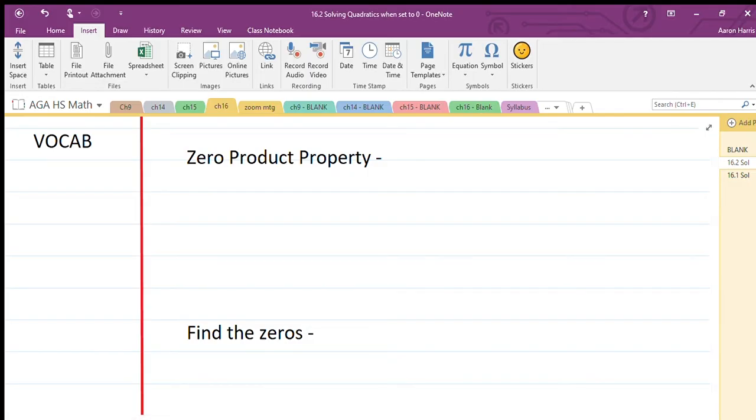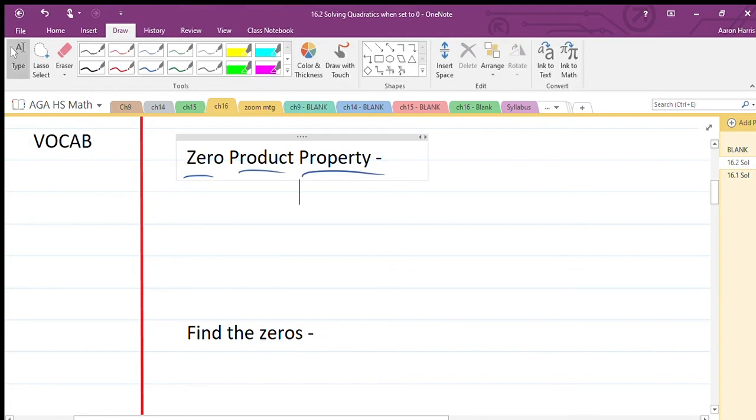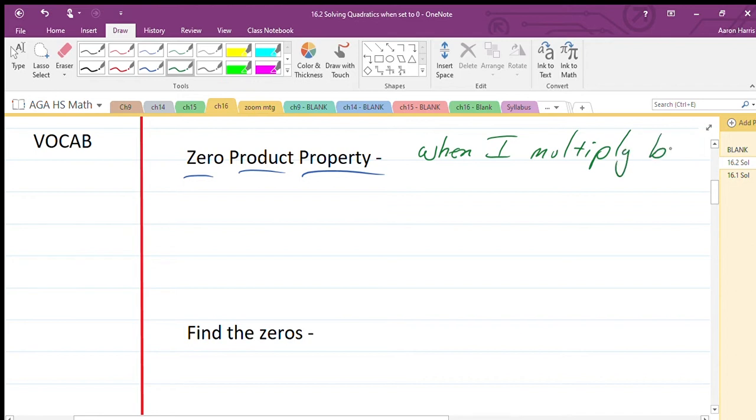Vocab. The first one that we have is the zero product property. Okay, with that being said, this is something that you already know, and it's very simple. The zero product property literally says when I multiply by 0, what am I always going to get?